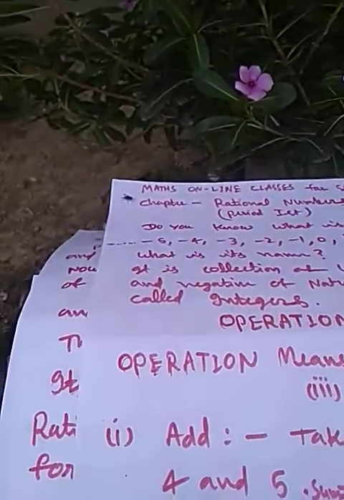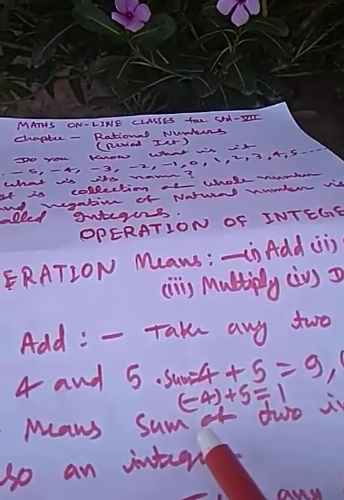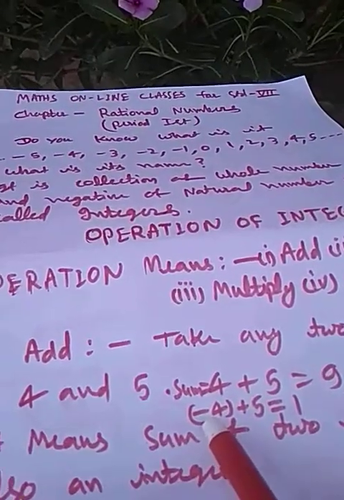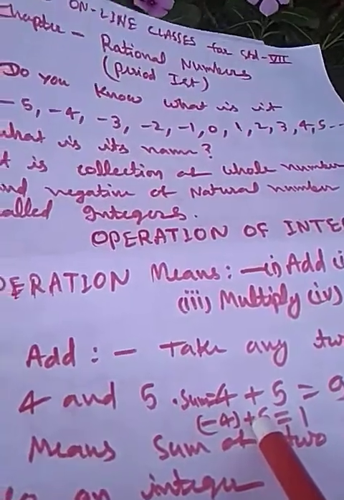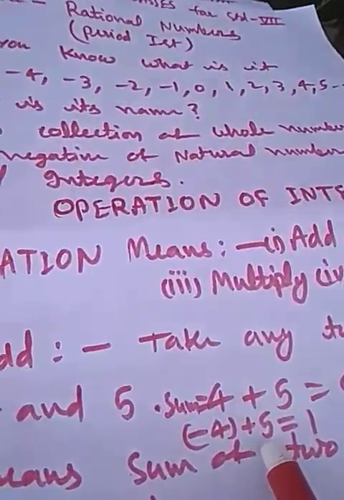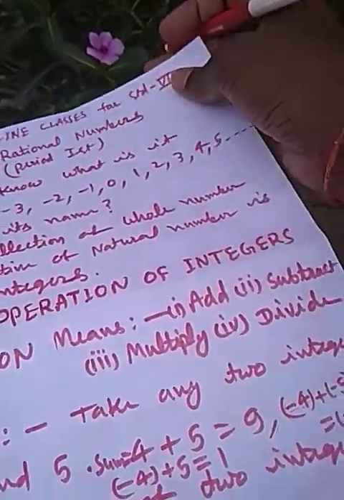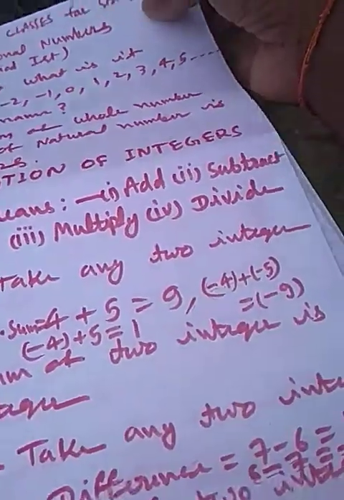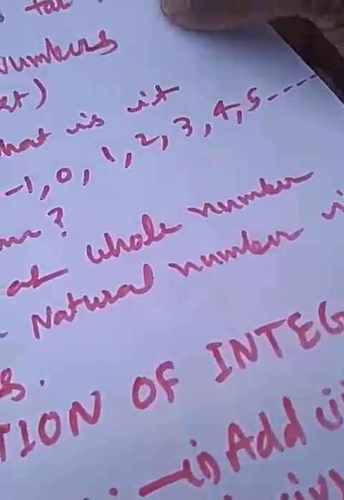And in the third case we shall take 1 positive and 1 negative integer. Suppose -4 is the negative integer and +5 is the positive integer. Now find the sum of -4 and 5, that is equal to 1. On the basis of it we can say that the sum of 2 integers is also an integer.